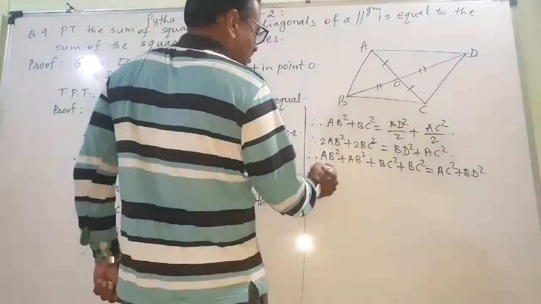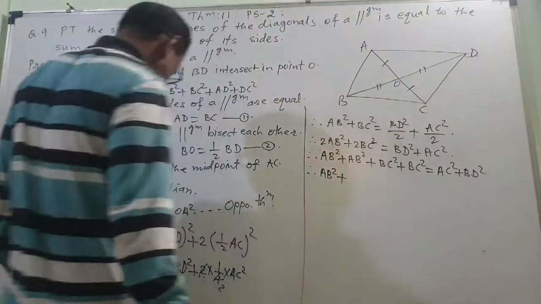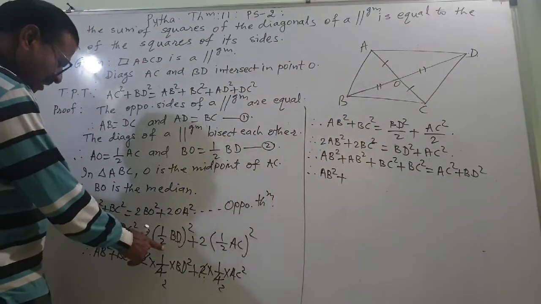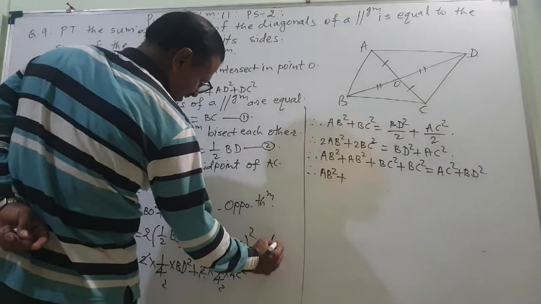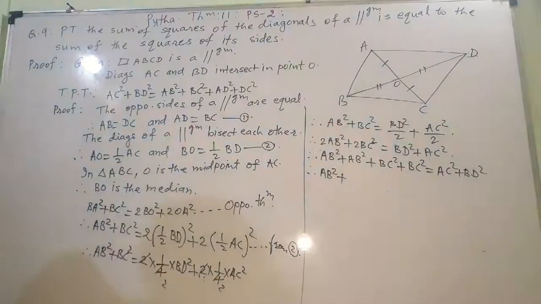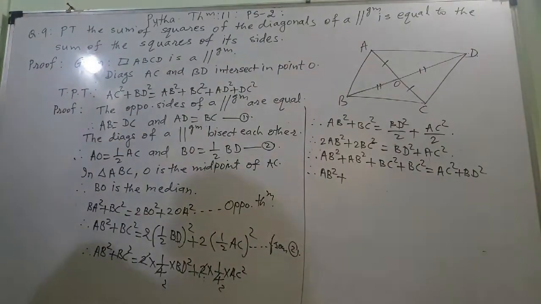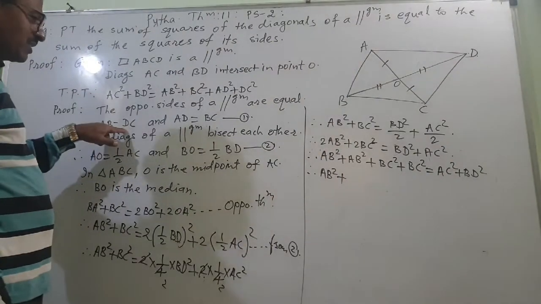Therefore, this AB square I will write AB square plus. So here I forgot to give the reason. From 2 I will write this, isn't it? From 2. Okay. AB square. Now AB is what? AB is equal to DC also.